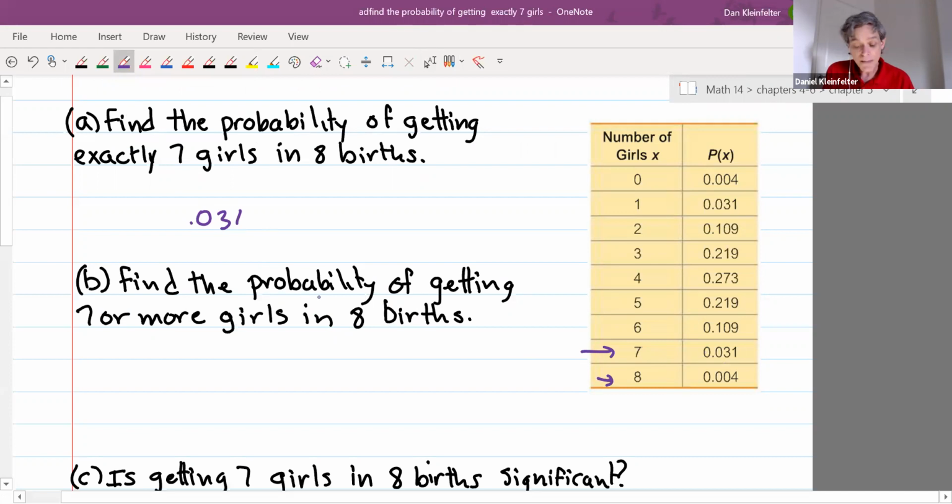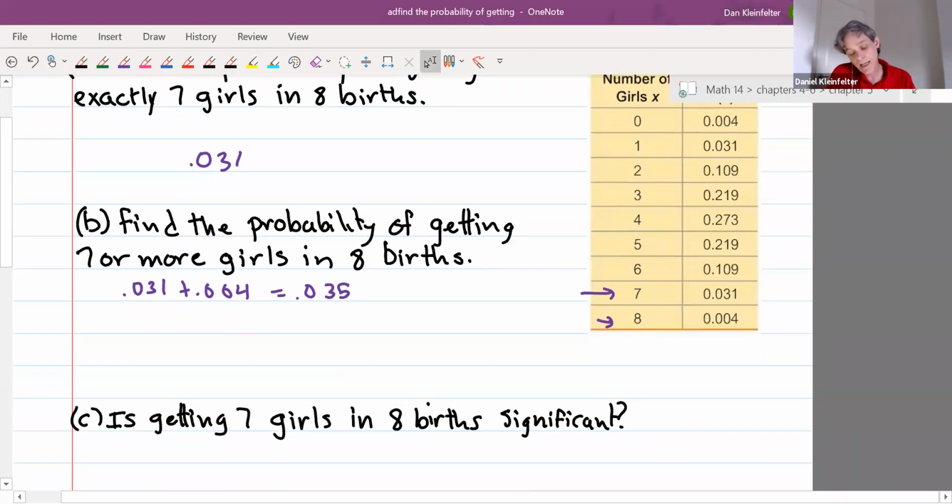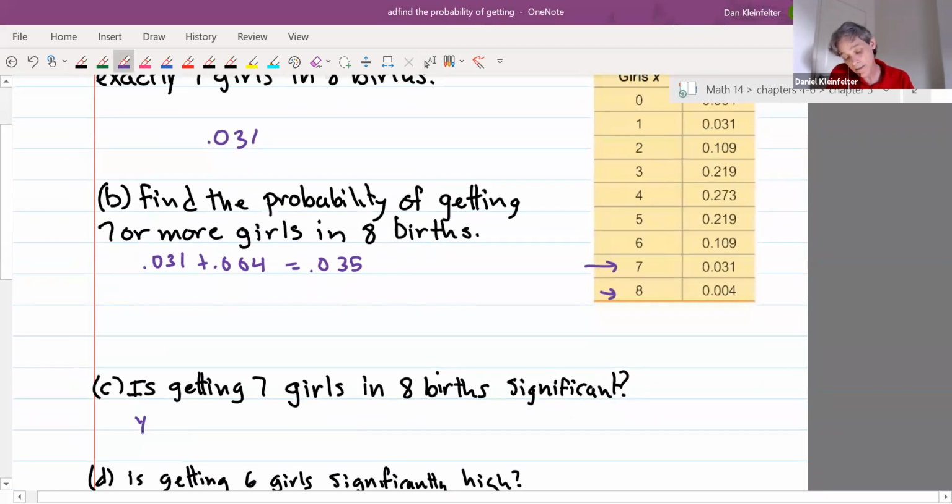Now find the probability of getting 7 or more girls in 8 births. That's 0.031 plus 0.004, and that's 0.035, the probability of getting 7 or 8 girls. Is getting 7 girls in 8 births significant? Yes, the probability is less than 0.05.